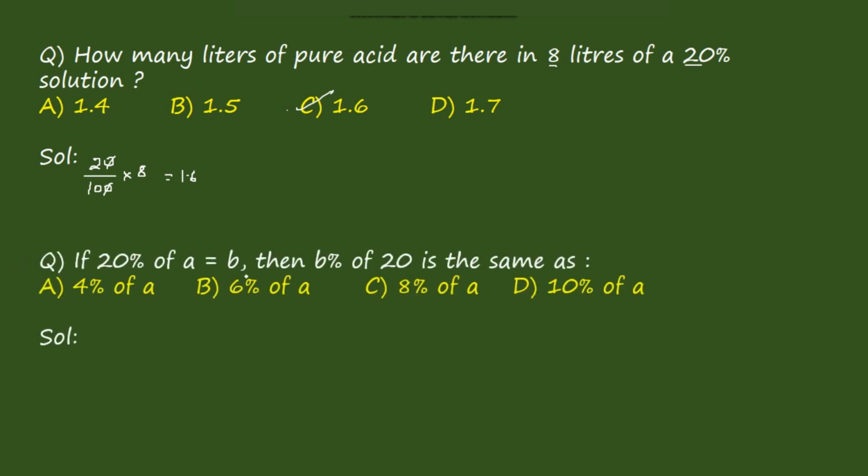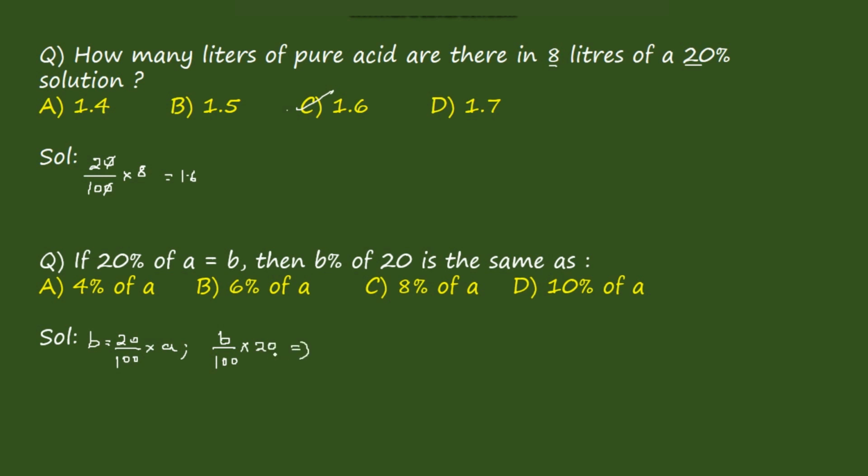If 20% of A is equal to B, then B percent of 20 is the same as what? First we find 20% of A. Then B is equal to 20% of A, which is 20 by 100 into A. Again they are saying B percent of 20, which is B by 100 into 20.